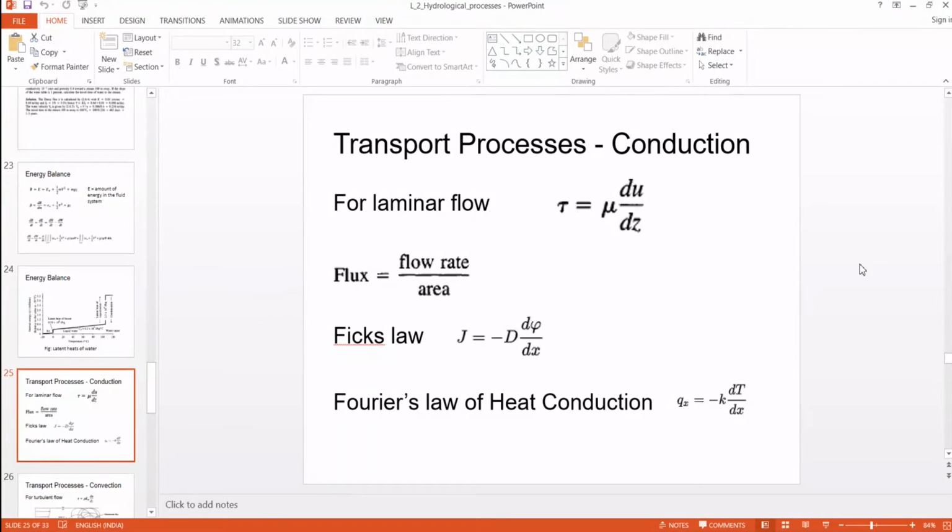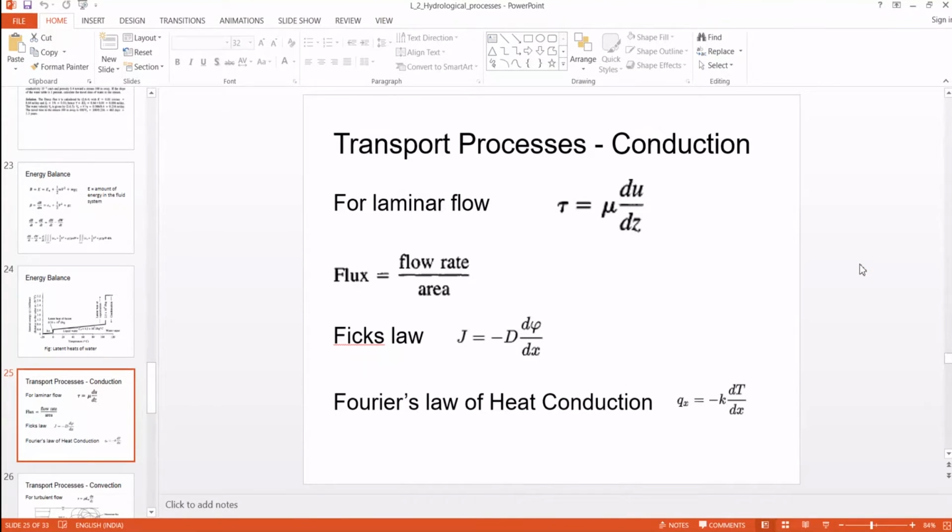Similarly, there is conduction for momentum. In fluid flow, especially in laminar flow, the momentum transfer takes place through conduction. So in laminar flows, the tau, which is nothing but shear stress, has the same units as momentum flux.